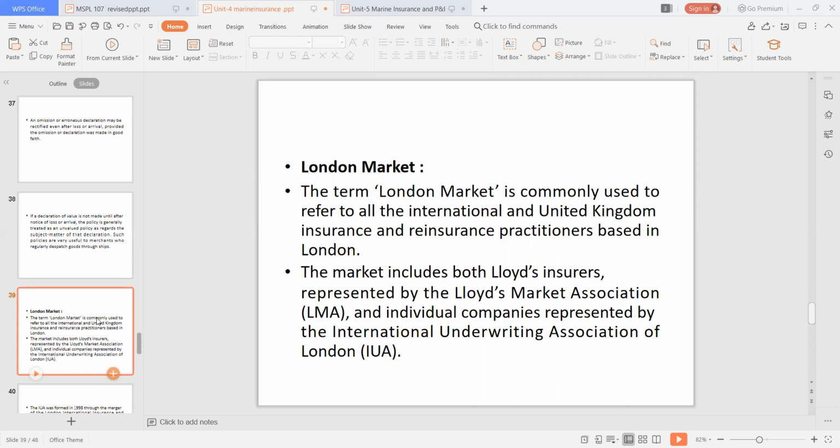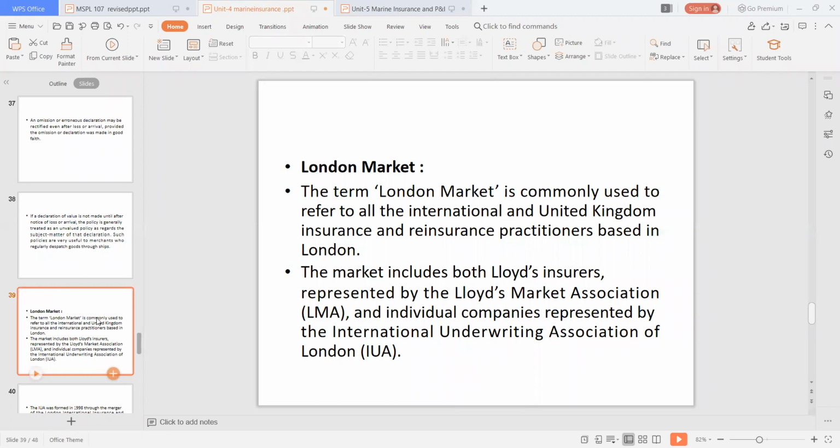Next one, the syllabus also mentions the London market, the international market. London underwriters normally form that. The term London market is commonly used to refer to all the international and United Kingdom insurance and reinsurance practitioners based in London.